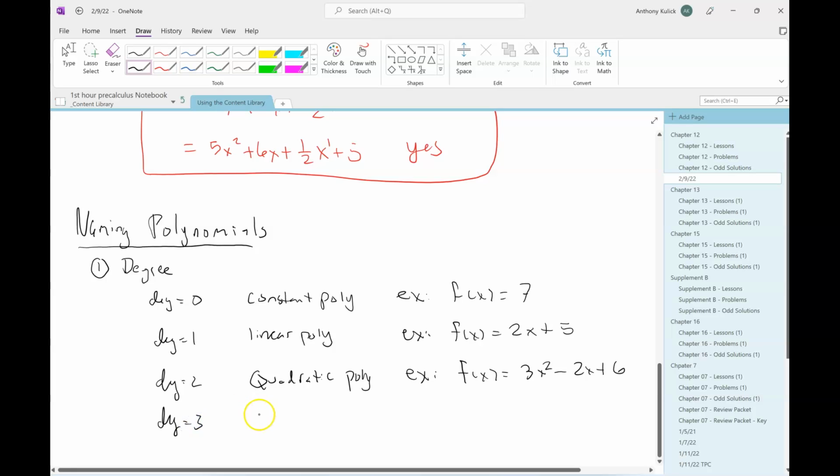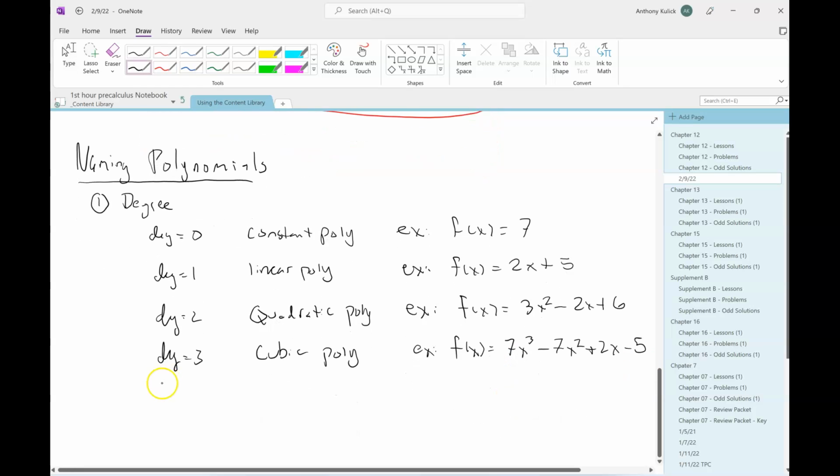If the degree is 3, we call that a cubic. And the last one we'll worry about is degree 4. That's called quartic.